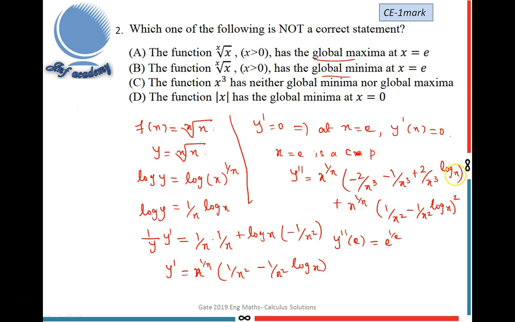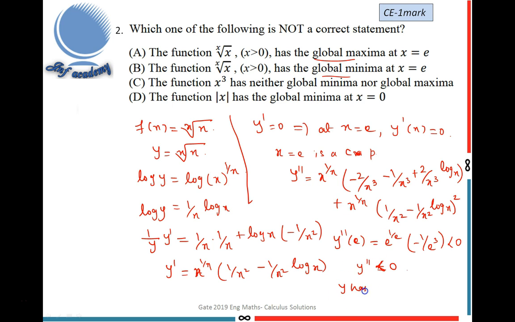Here log e is 1, so 2 by x cube cancels. Only this is available, that is minus 1 by e cube. Finally, this is less than 0 because of the negative value. So y double dash is less than 0. Then function y has the local maxima at x equal to e.